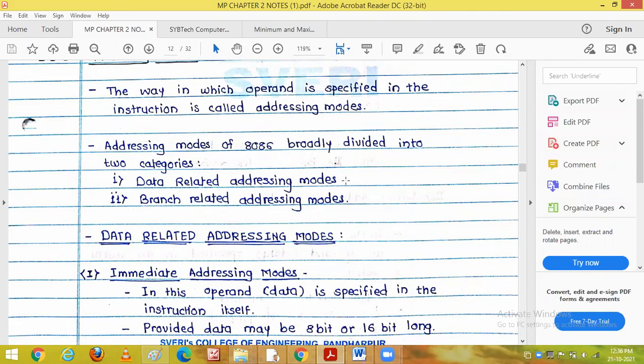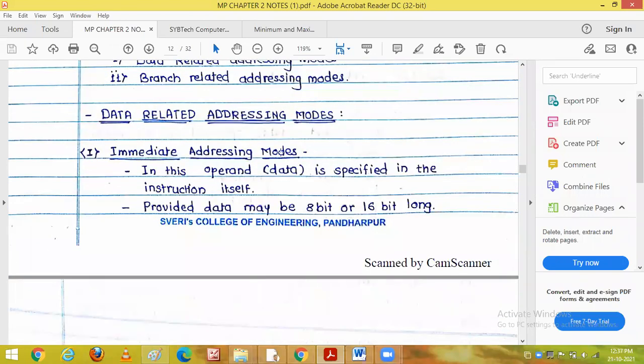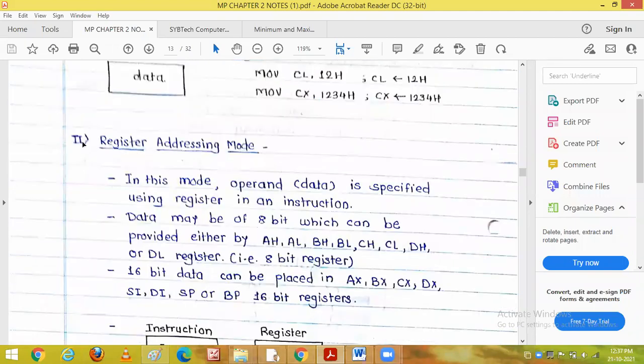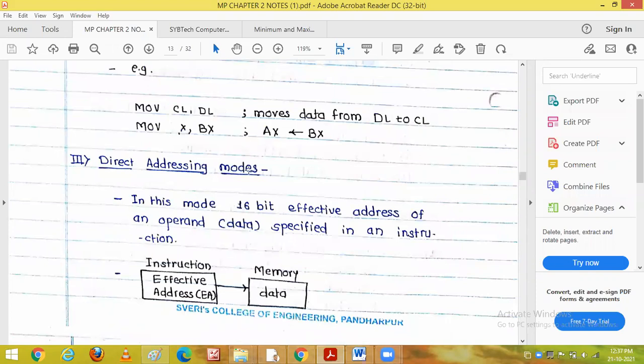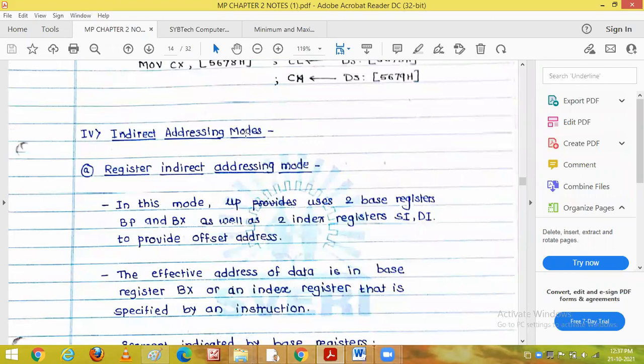In the data related addressing modes, there are mainly 5 main addressing modes. Those are the immediate addressing mode, the register addressing mode as the second, the direct addressing mode as the third, and the indirect addressing mode as the fourth.